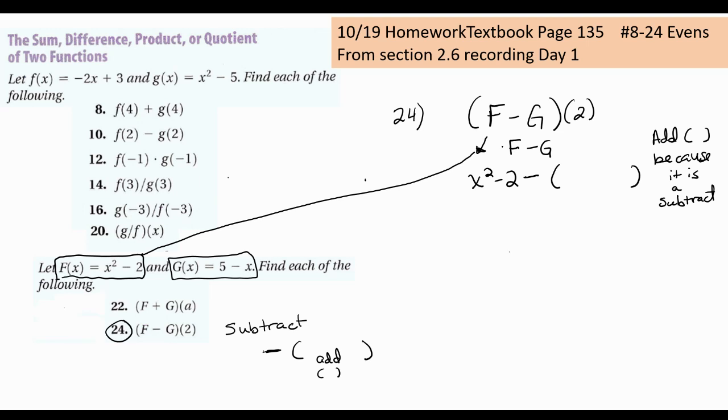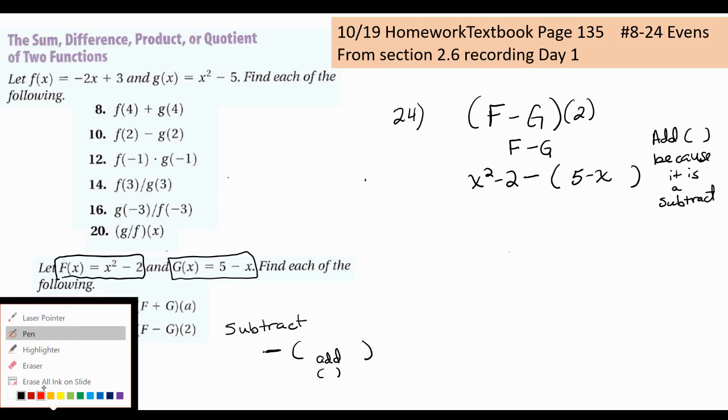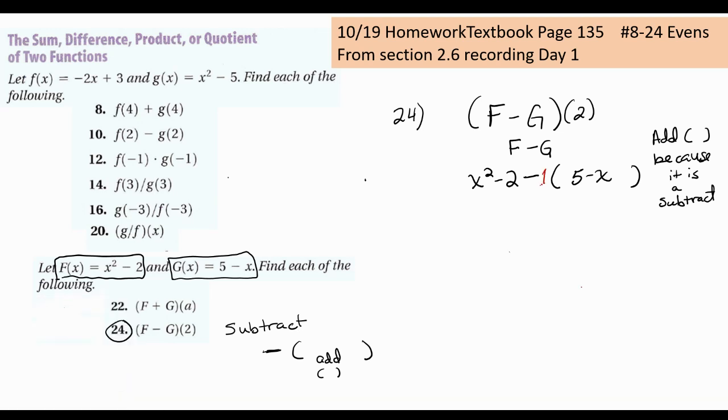And the g function is 5 minus x. Don't forget that there's going to be a hidden 1 in front of the parentheses. Remember, there's going to be this hidden 1 that we're going to have to deal with. I'll put it back in just a second.